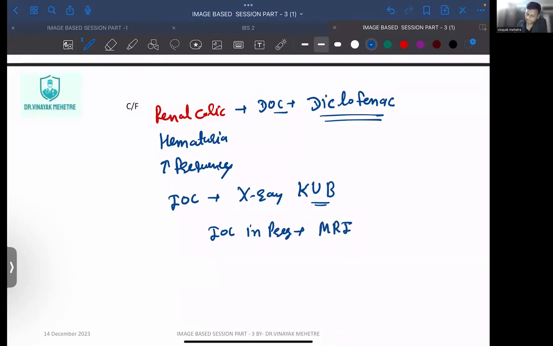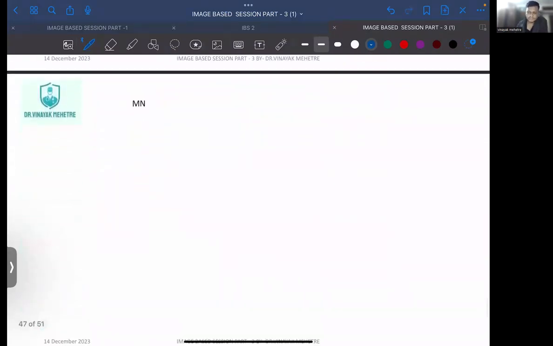Okay, first investigation in pregnancy is going to be ultrasound. All has been asked in a different format, even giving as a case scenario. ठीक है, आना चाहिए. It looks like one liners, but they are not one liners, believe me.